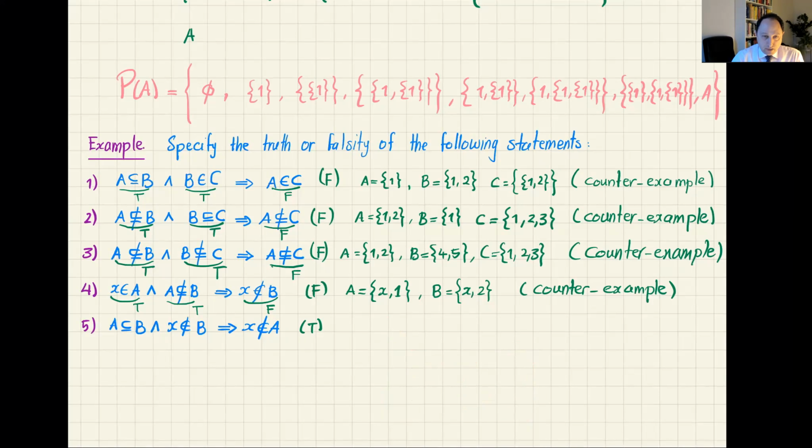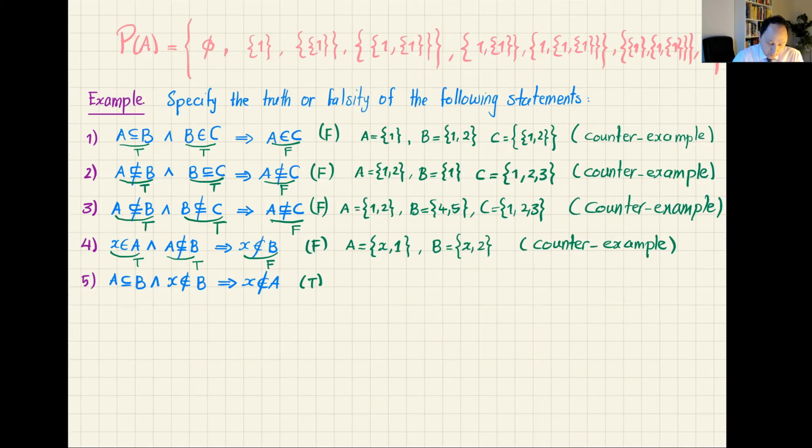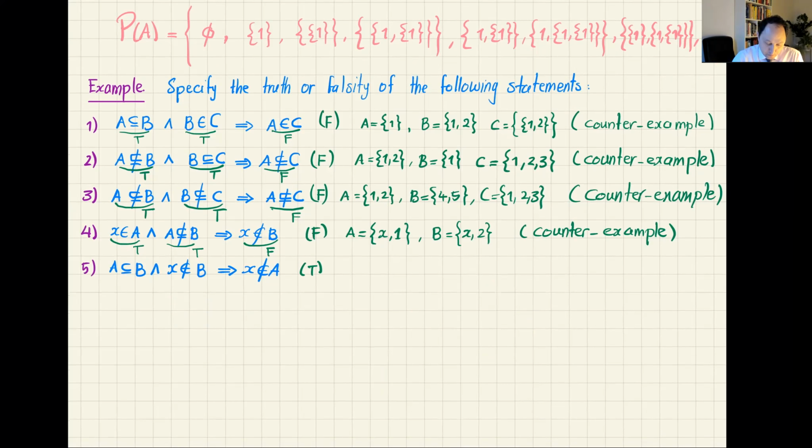Okay, but if this is true, we need to motivate that. So how should we motivate it? Okay, so I would use proof by contradiction. My goal is to show that x is not in A. Let us assume that this is not the case.